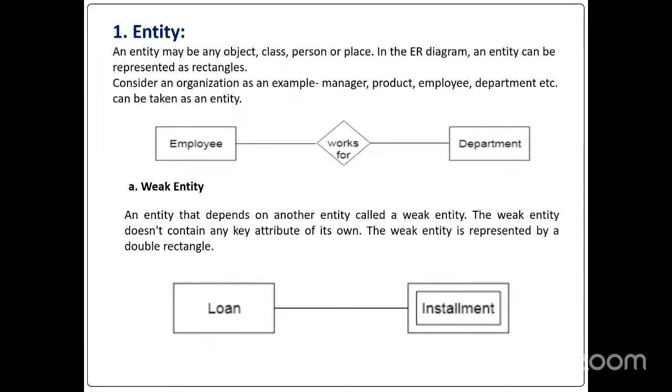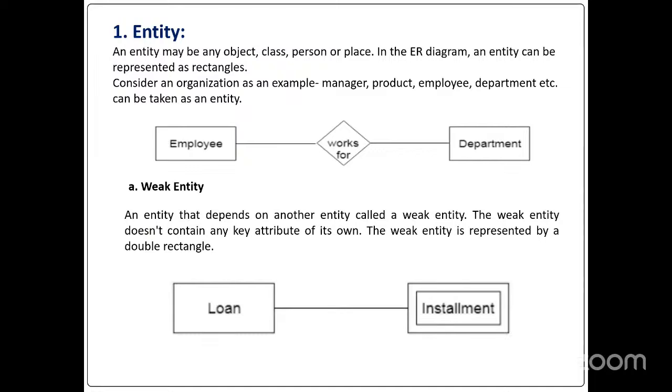What is this one? Relationship. Employee works for a department. So an entity may be an object, class, person, or place. In an ER diagram, entity can be represented in which form? Rectangles.